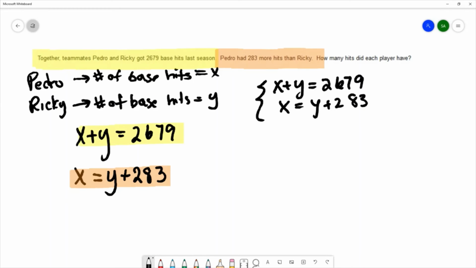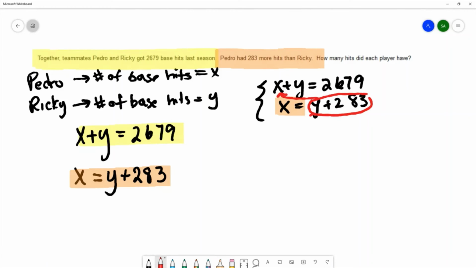The way that this system is set up, it already has one variable solved for. So I'm leaning towards solving this system with substitution. So I'll take the other side of this equation and substitute it in for x in the other equation.